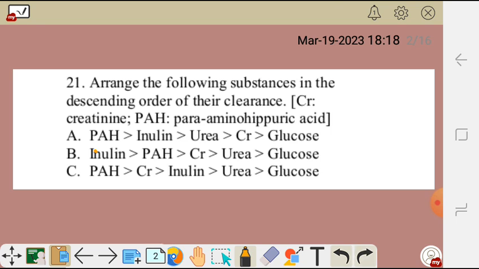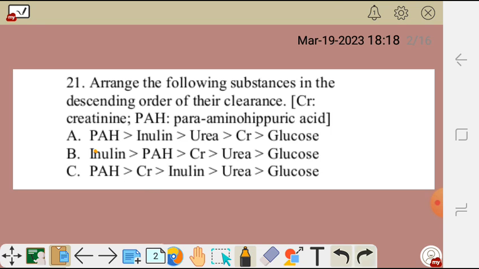PAH has greater clearance than creatinine because PAH is almost 100% secreted by the kidney. Creatinine, some of it remains in the bloodstream, and then inulin, it is filtered, not secreted, so its clearance is less than that of creatinine, which is secreted and filtered.